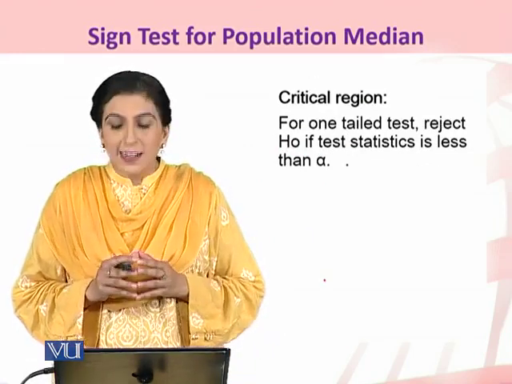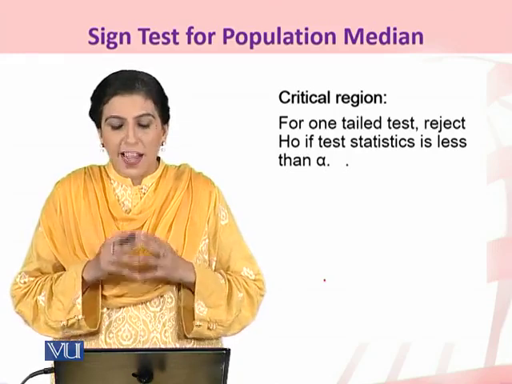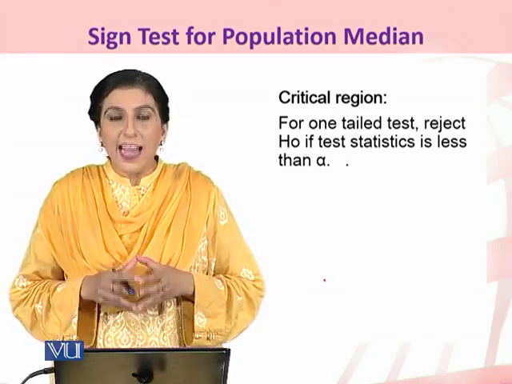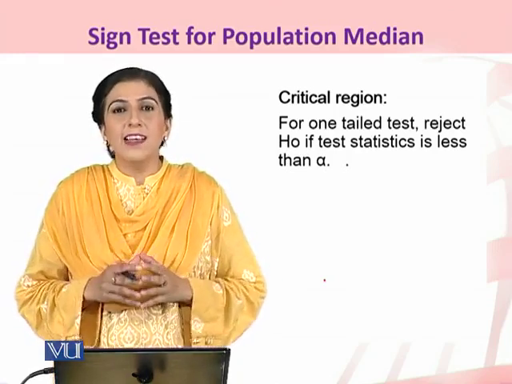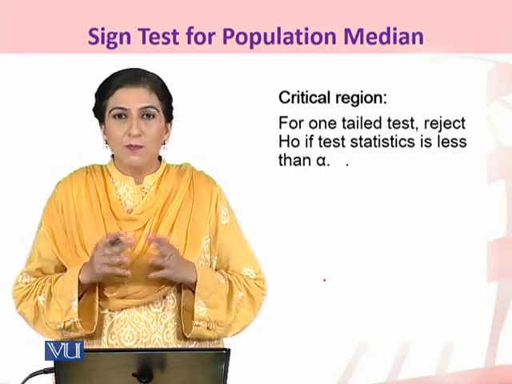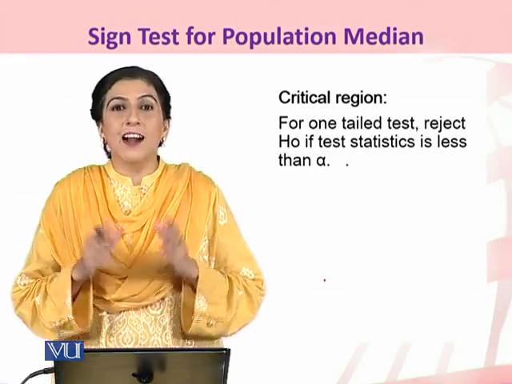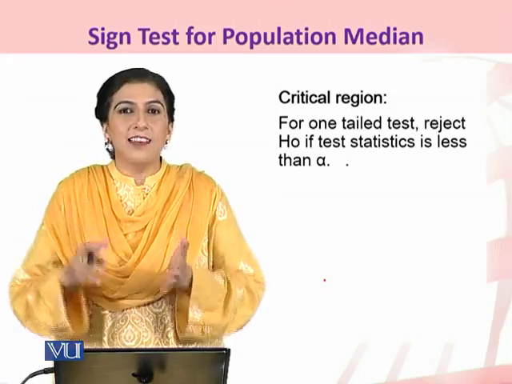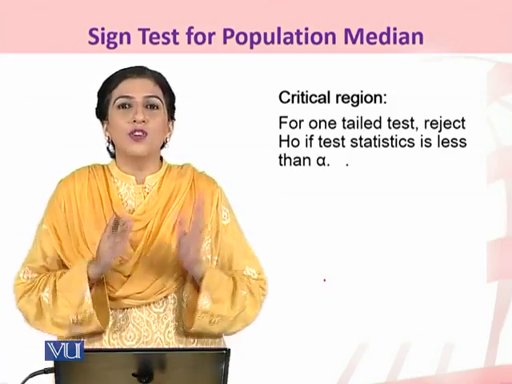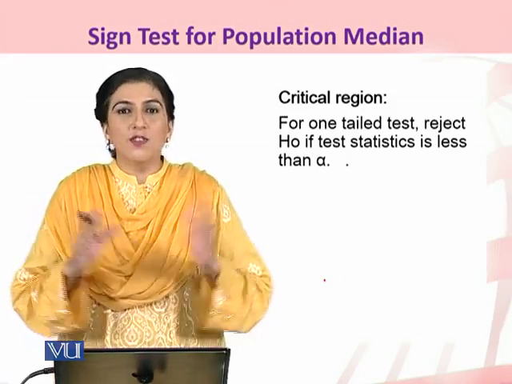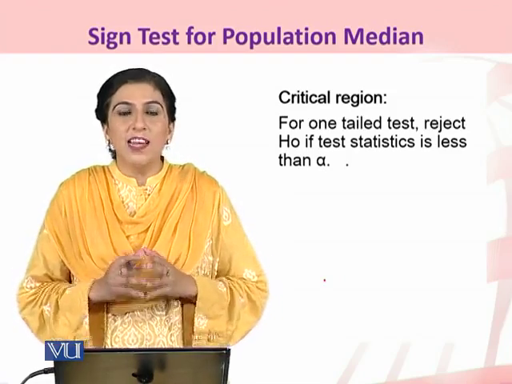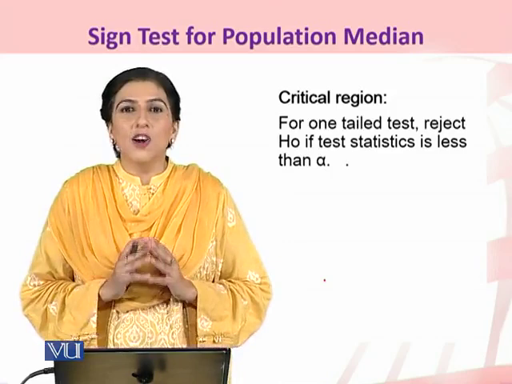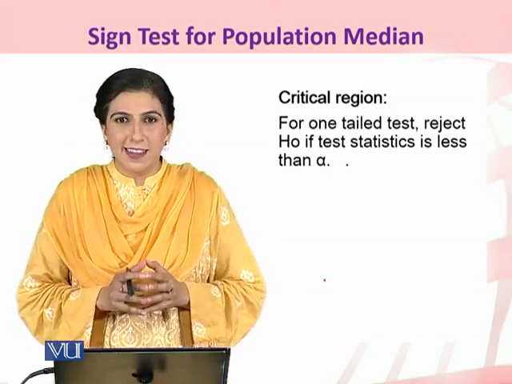And for a one-tailed test, we will have to reject H0 if the test statistic is less than alpha, because one-tailed tests are directional. The entire probability of rejection lies either on the right side or on the left hand side. So this is the entire procedure that we will construct in order to perform the sign test.